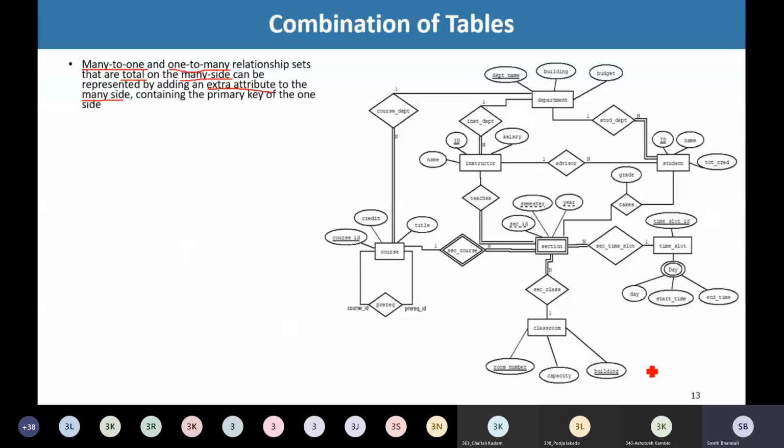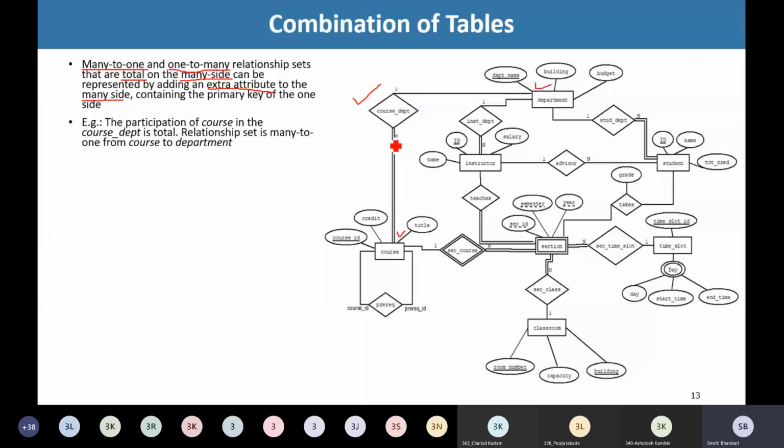So once again, refer to this particular ER model. Now let us consider this entity set, course, and this entity set, department, and in between course and department we have the relationship set course department.